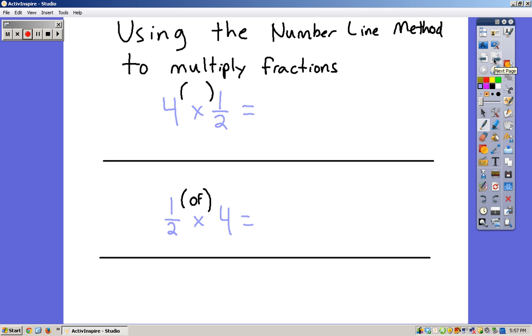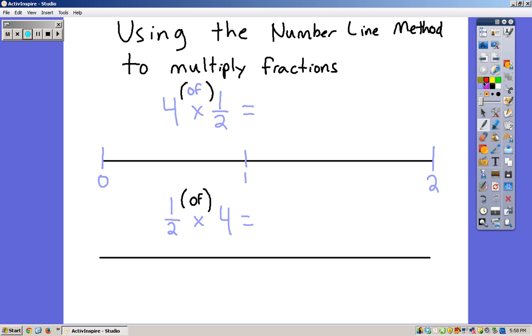Now what about if we use the number line? Well, in multiplying fractions, 4 times 1/2 is the same thing as saying 4 of 1/2. How would that look on a number line? We're going to start a number line from 0 to 2. In the middle we'll have 1.